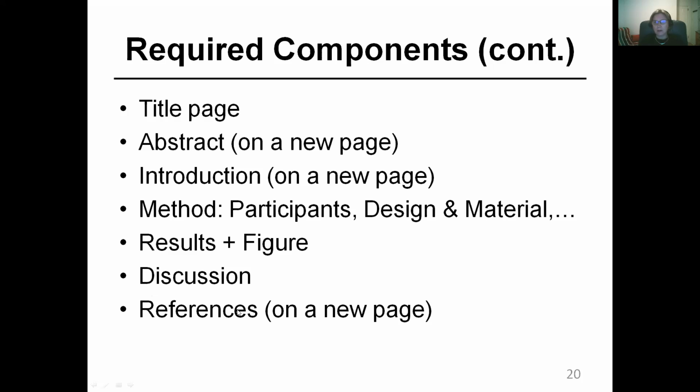Your references page will have minimum 1 article. That's the one that you found, and I looked at it for those people who sent me the stuff. Or you can have more than 1, obviously. If you have found a couple of others that are useful and you would like to use them, perfect. So now let's go through these components in more detail.